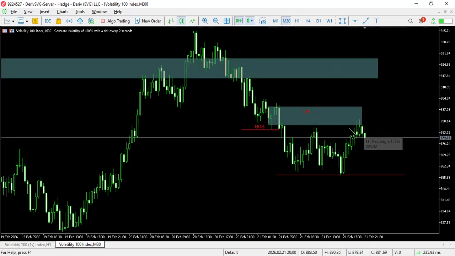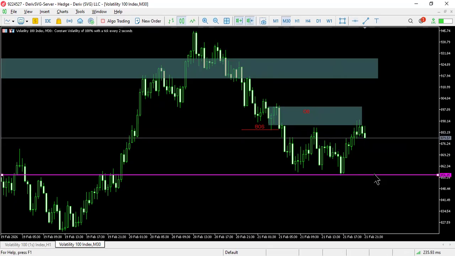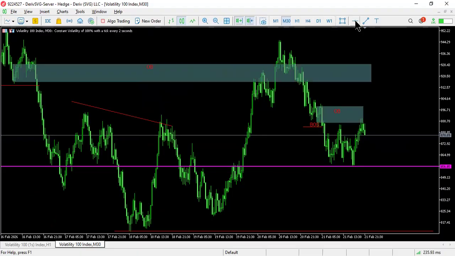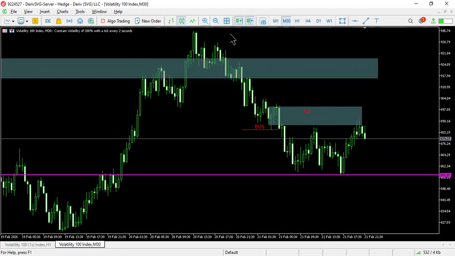Enter at the current market price, with your first take profit at that swing low, and your second take profit at that level. So this is an instant execution from the M30.